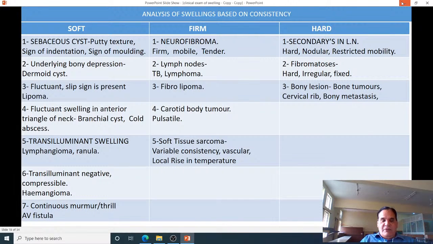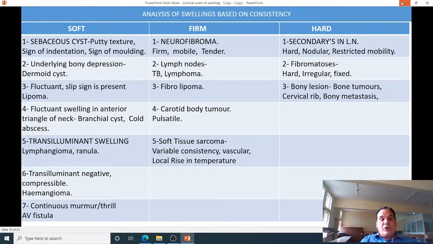Now if the swelling is firm. First diagnosis, if it is firm, mobile and tender, the diagnosis is neurofibroma. Looks like tuberculosis, it is a lymph node, the most common diagnosis, particularly in the neck and axilla. The lymph nodes can be tuberculous, lymphoma.